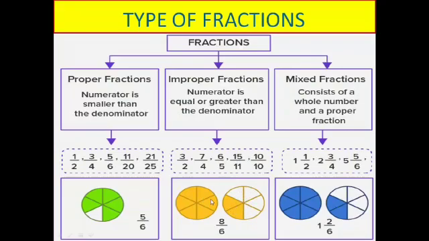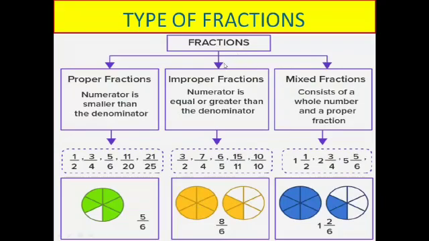So altogether I have these 6 parts plus these 2 parts. Total 8 parts are shaded, but here I have total 6. So I will write 8 upon 6 because these 6 parts will be represented as 6 upon 6. 6 upon 6 is one whole.